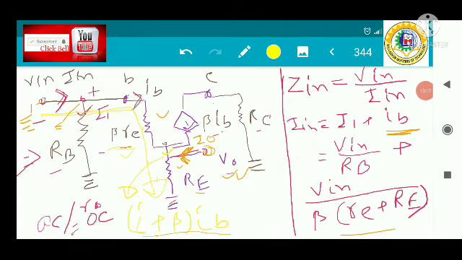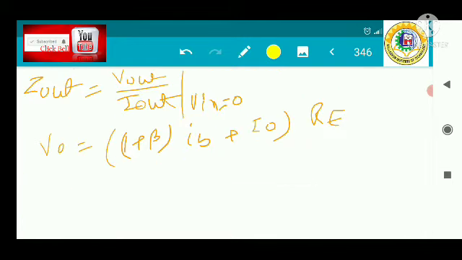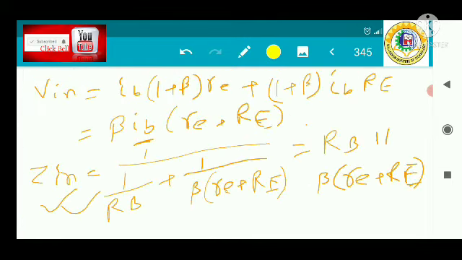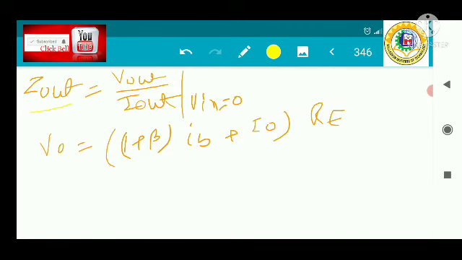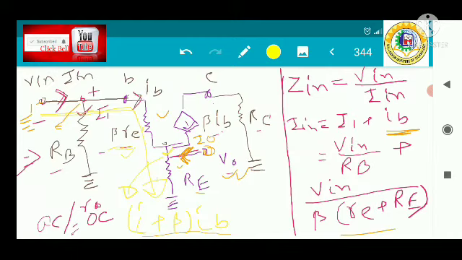Now here you can see that the input voltage has been kept to 0 for the calculation of the Z out. So for that purpose I have also written down this expression. This is the one expression. Another expression is, if I make the KVL like this from here to V0 to ground, this is the path.